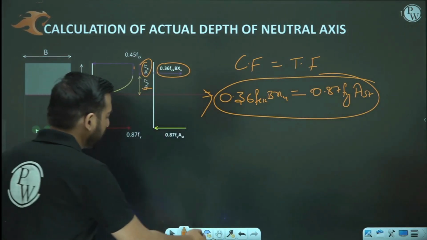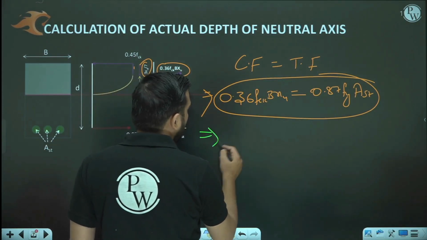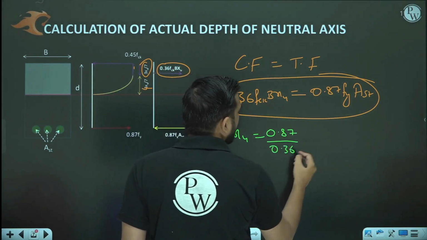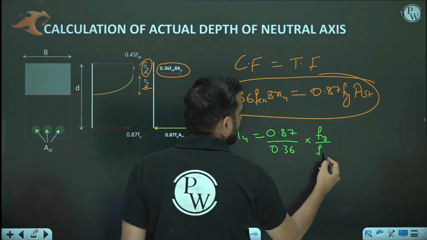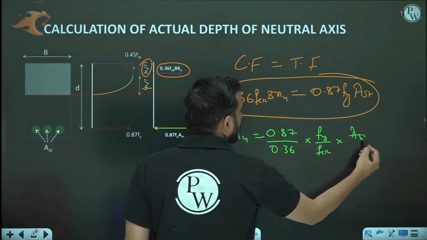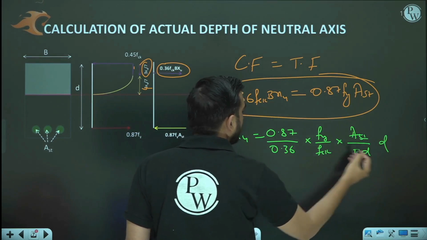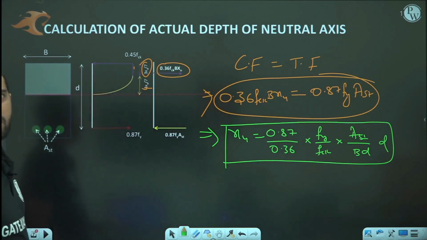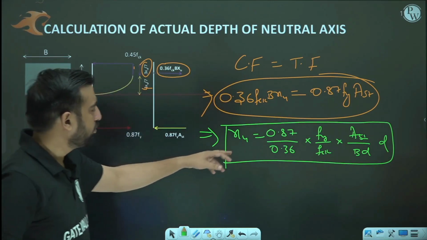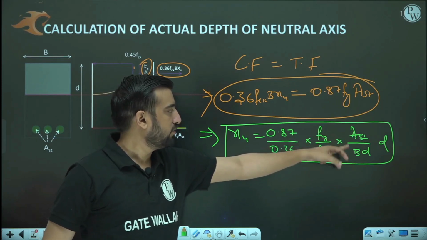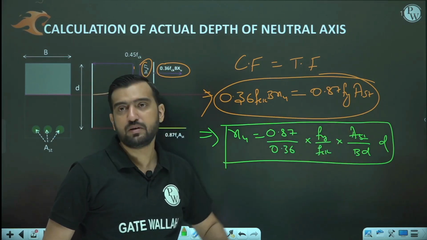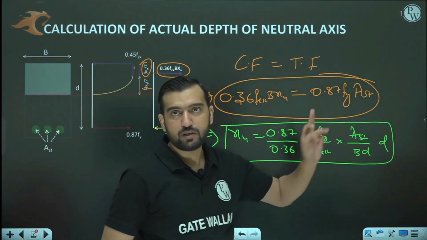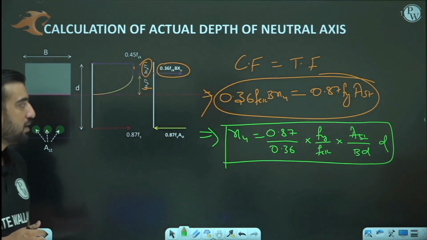There is one more way to represent this expression, that is XU is 0.87 upon 0.36 into Fy upon FCK into AST upon B, multiplied by D divided by D. So this is one more format. Okay. So I think it will come 2.4 Fy upon FCK, AST upon the effective cross section, into D. Are you getting it or not? Okay. Effective cross section, not effective area of concrete. BD is the effective cross section. Okay, my dear friend.